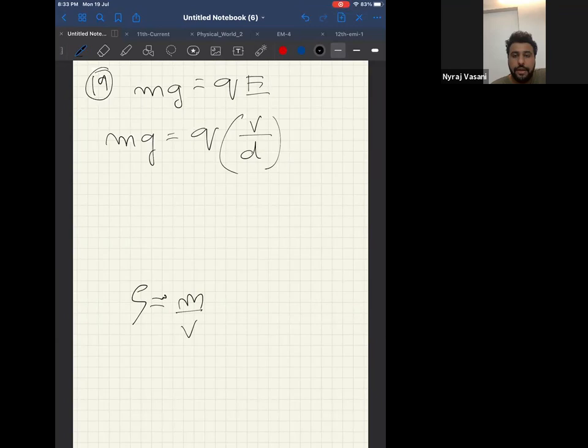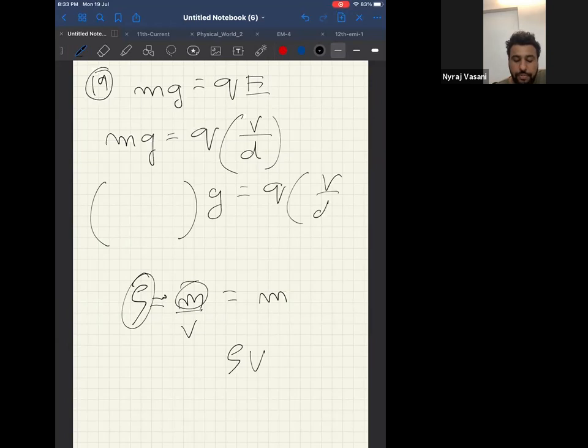Can I say the general formula for density is mass upon volume? Do you know this formula? Because density is given in the question, but I need mass. Therefore, can I say mass is nothing but density into volume? Therefore, can I say mg is equal to QV by D?